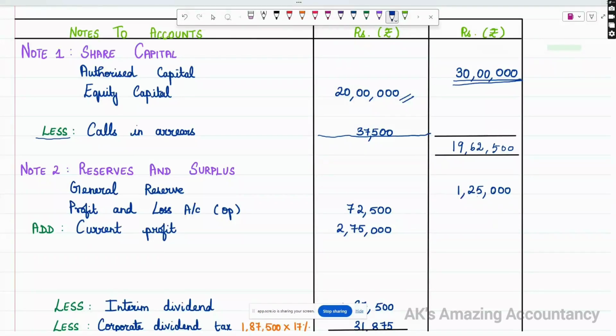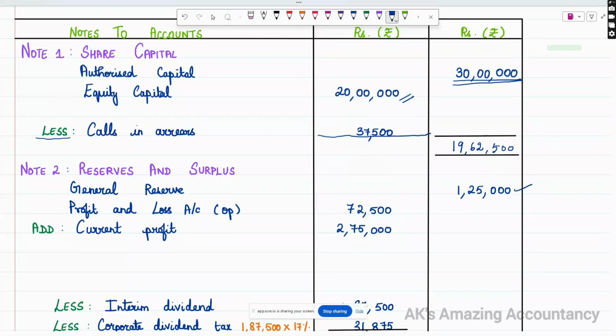Any reserve that is given in the problem will come under this heading, and you are given general reserve in the problem as 1,25,000. So enter general reserve, and then if you have any profit and loss account opening balance given in the problem, that will also come here. Along with that, you will be adding the current year profit.